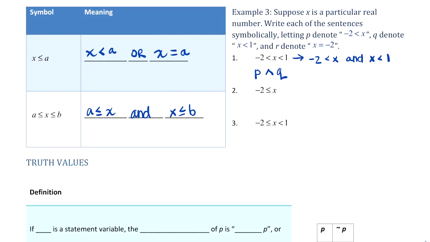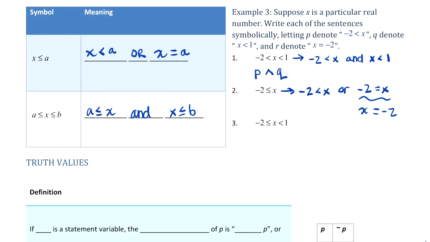Next up, -2 is less than or equal to X. Well, this one, remember, was an or statement. So that would be -2 less than X, or -2 equals X, right? So, what do you think? Isn't this statement the same as X equals -2?